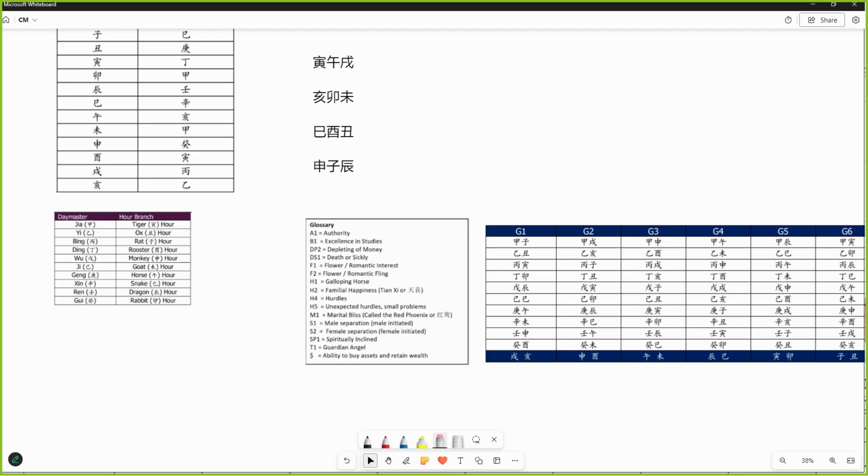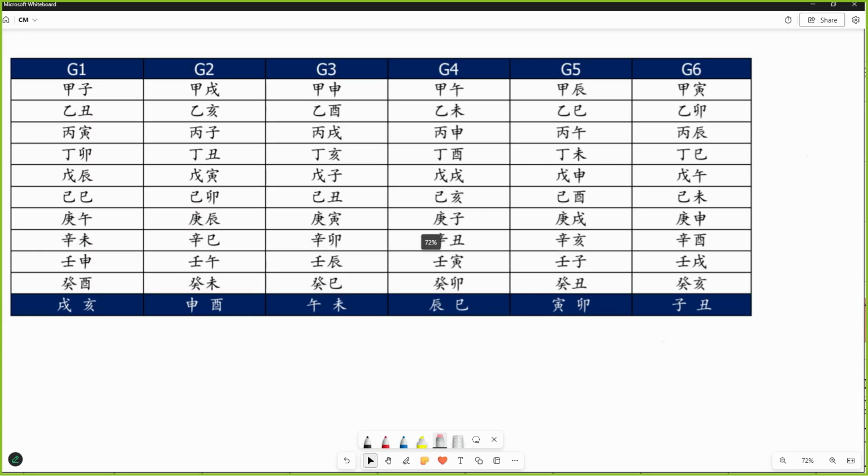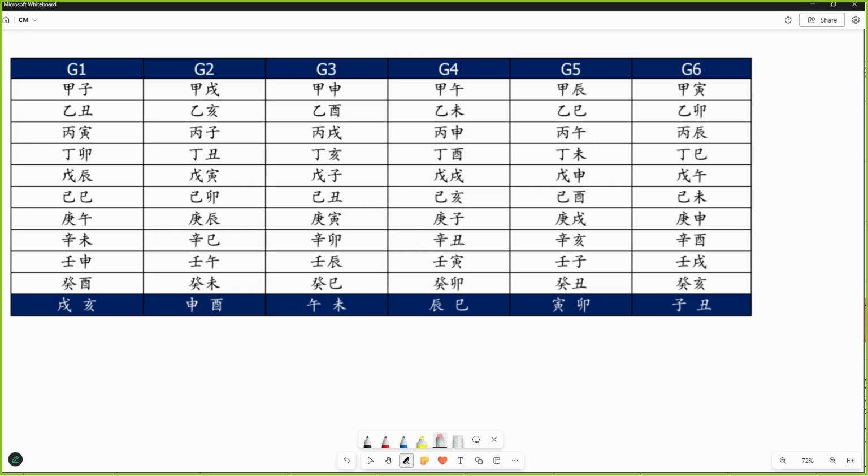So if it's a Ren Yin day master, what would be the death and emptiness? What would be the death and emptiness for a Ren Yin? Here is where you will find your Ren Yin. In that case it will be the Chen dragon. Dragon will then be the emptiness. Snake will then be the death.